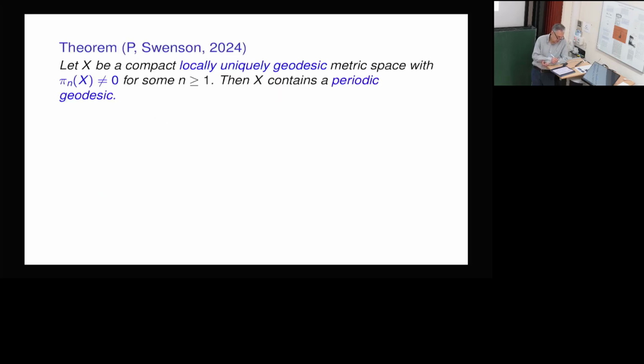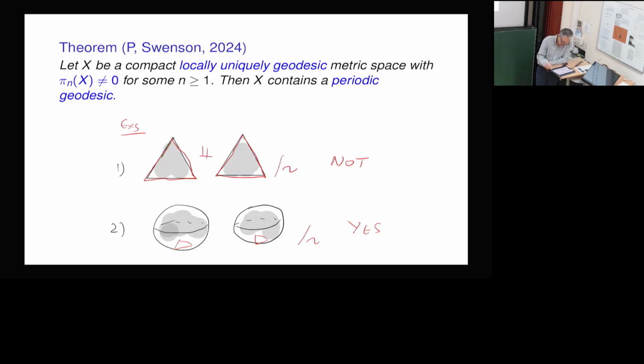And now the theorem: if we have a compact locally uniquely geodesic metric space with pi_n non-zero, then X contains a periodic geodesic. Maybe some comment on this. If I take two equilateral triangles and I join them, this is not locally uniquely geodesic.